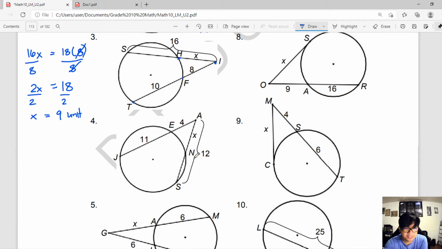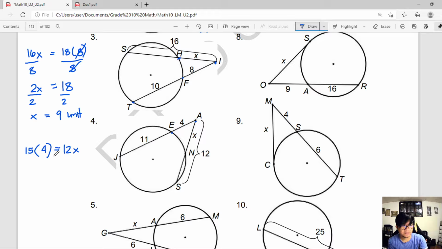Okay, let's proceed with number 4. Same as before, two secants intersecting outside the circle. So the measure of J to A is 11 plus 4, that's 15. 15 times the external secant segment, which is 4, equals the measure of S to A, which is 12, times x.